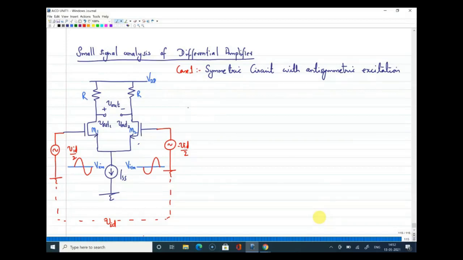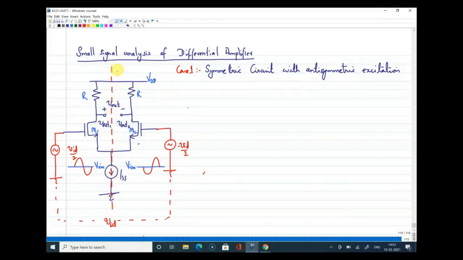Look at the circuit, whether the circuit is symmetric. Quickly answer my questions also in the chat box. Yes, it is symmetric. If any circuit is symmetric, we generally mark something called a line of symmetry, and this is the line of symmetry.